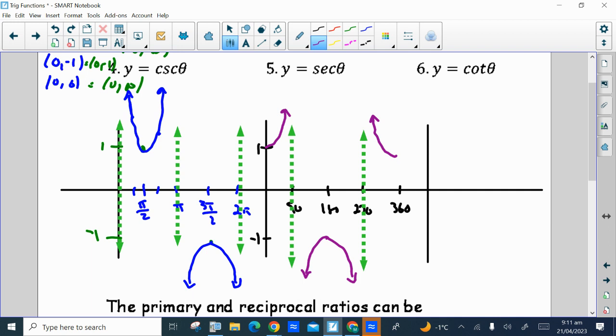And then finally for cotan, remember tangent had asymptotes at every pi on 2 radians. Cotan will have asymptotes at every pi radians, or every 180 degrees and every multiple of 180 after that.